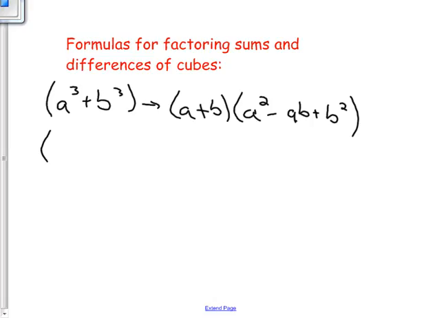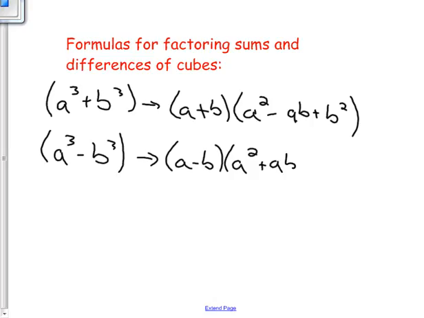And if we have a difference, something like a cubed minus b cubed, we get a minus b times a squared plus ab plus b squared. Those are just your basic formulas, if you're one of those people that just have to memorize formulas.